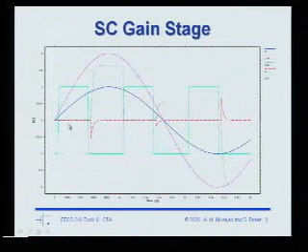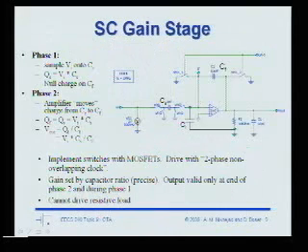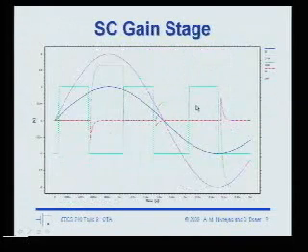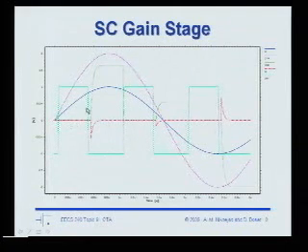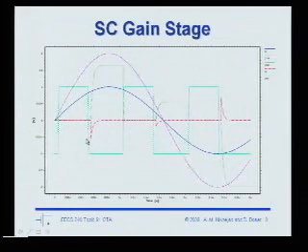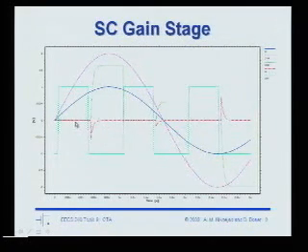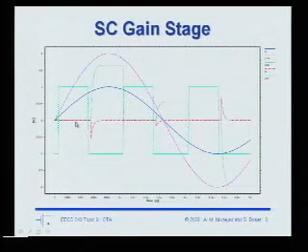Well, first of all, let's look at the red line. The red line is Vx. Node Vx is this node here. It's the negative terminal of the amplifier, and you can see that it's grounded until you connect that capacitor. So at the end of phase 1, on the falling edge of phase 1, that capacitor introduces a voltage onto this negative terminal.